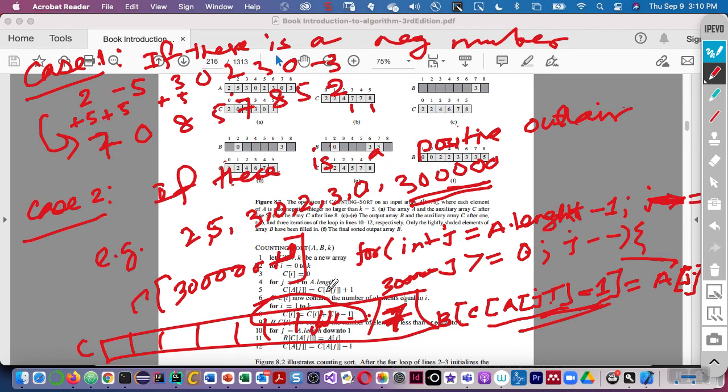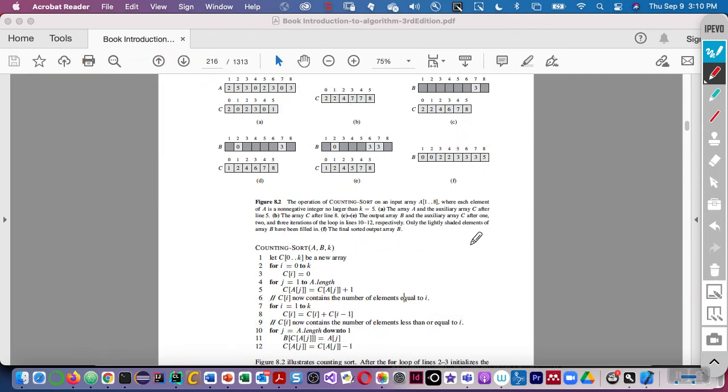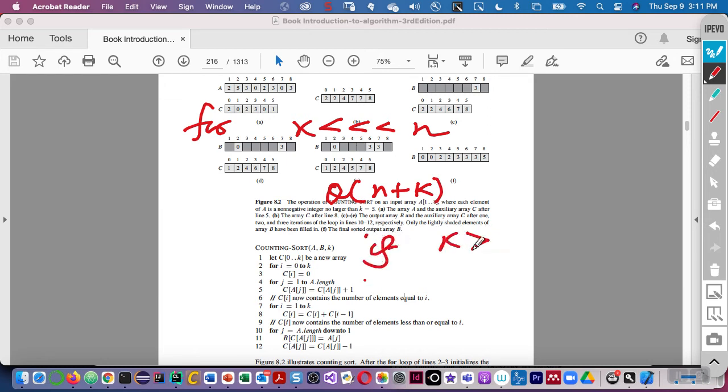So for this algorithm, as is, for K very much less than n, or pretty close to n, we have a running time of theta of n plus K. But if K is very large compared to n, then which one will be dominant?